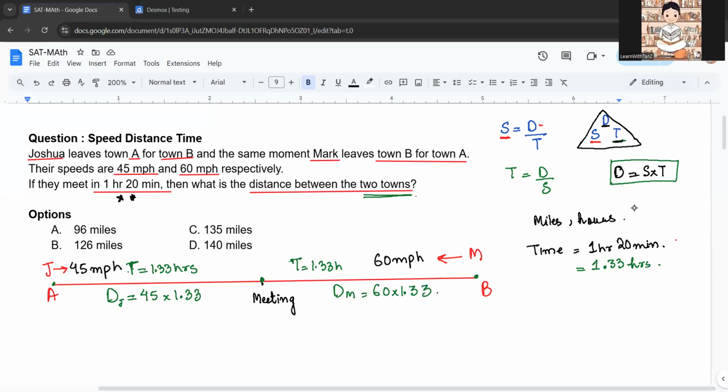And what is the distance between town A and B? It will be the sum of the distance that Joshua traveled and that Mark traveled. Just do it over the Desmos, my dear students. I will go to Desmos here.